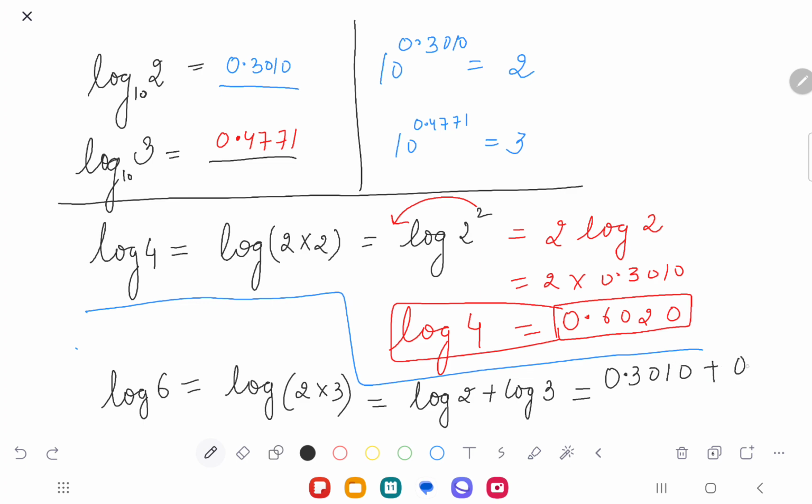And what is log 3? 0.4771. So if I add this up, I'm going to get 0.7781. That is going to be the value of log 6. Are you understanding? Yes. That shall be the value of log 6. Understood or not?